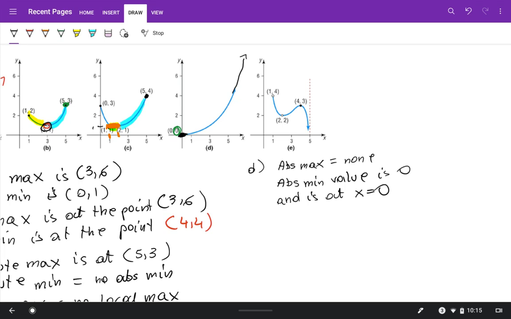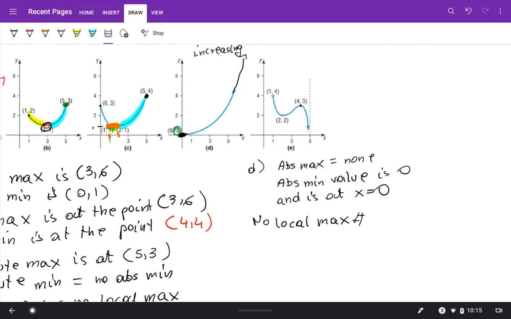Now let's talk about local max. Again, don't forget that to have a local max, the graph should be switching from increasing to decreasing. Since in graph D the entire graph is increasing, we don't have that change of behavior on the graph. That's why we don't have a local maximum.